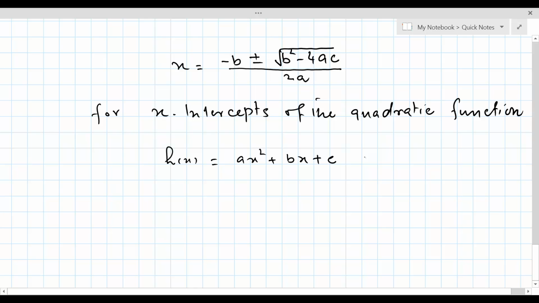Similarly, we can find all other elements of the graph of the quadratic function simply by converting a given form into vertex form.